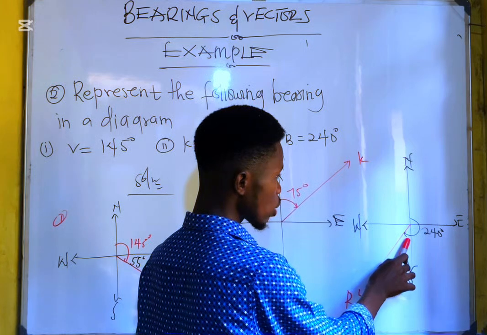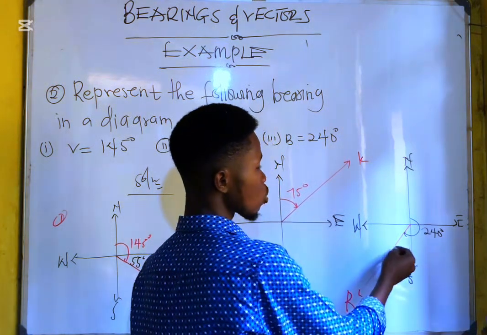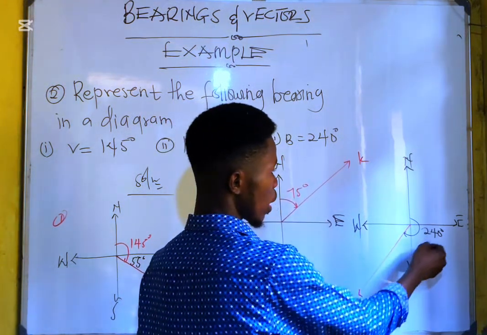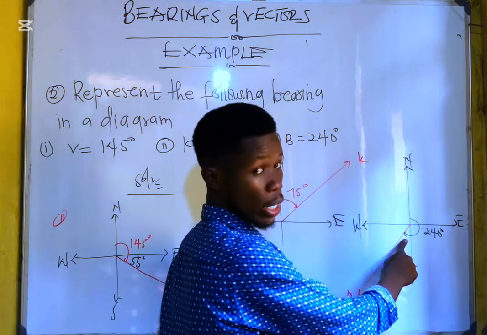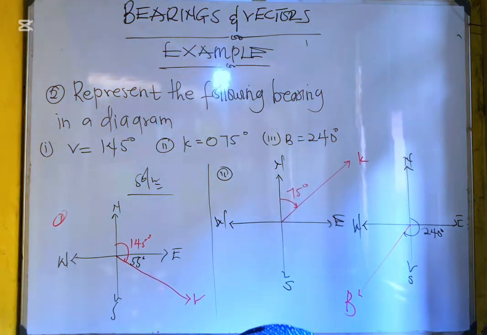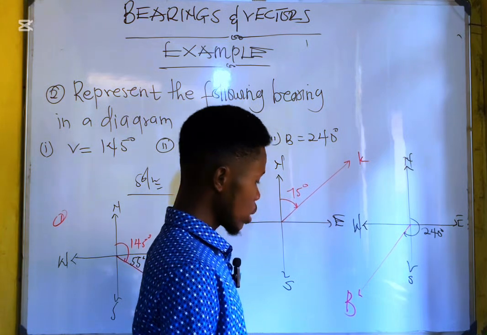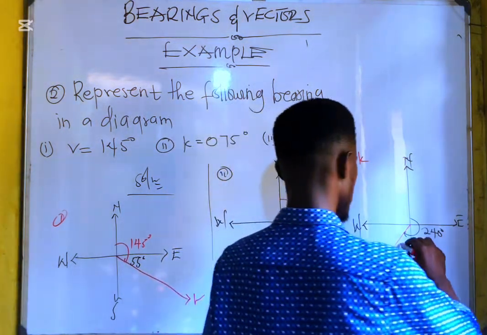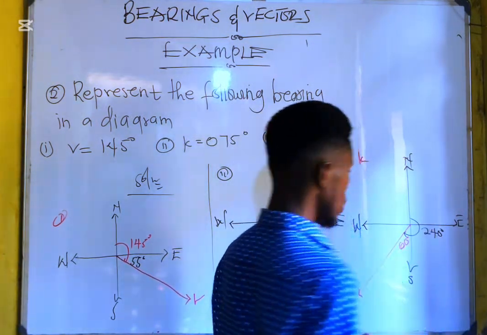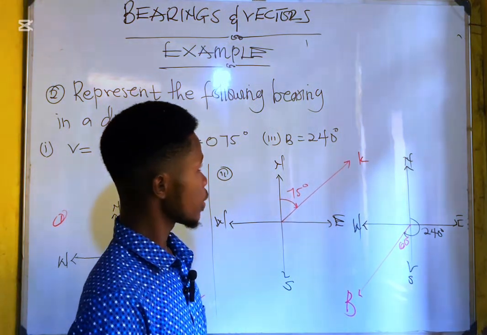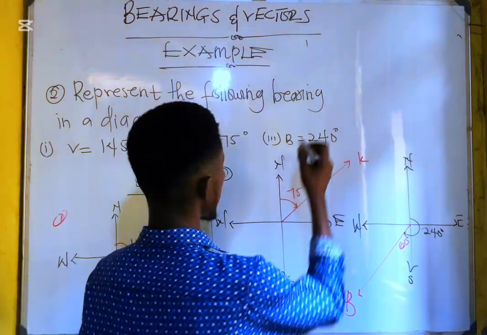So if I need the small one here, I simply subtract 180 from 240 and I will get the small angle there. 240 minus 180 will be 60 degrees. So here will be 60 degrees. Is that okay? Yes.